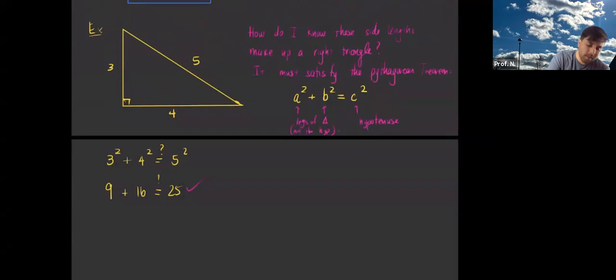Okay. So now, can I find the 6 trig ratios? What are the 6 trig ratios? Well, sine of theta is what? Opposite over hypotenuse. So it's going to be 4/5.